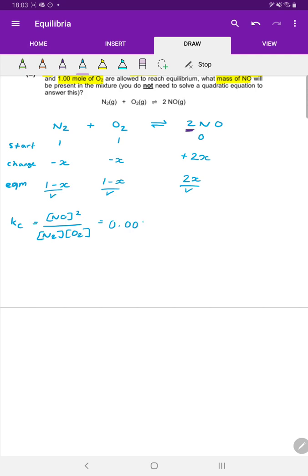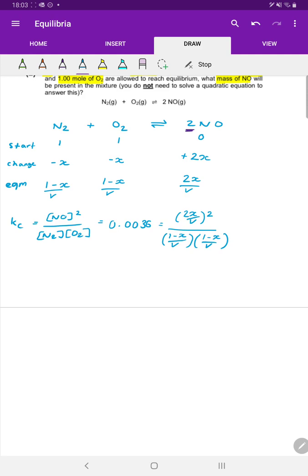Kc 0.0036. So 2x over V, 1 minus x over V, 1 minus x over V. Okay, that's all our values popped in there.